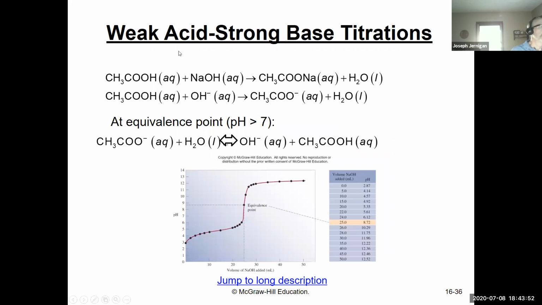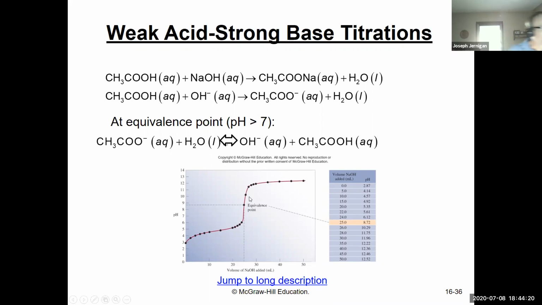Similarly, you can titrate a weak acid. A weak acid starts out with a much higher pH than a strong acid for obvious reasons, but the fundamental of the titration is exactly the same. If you're titrating a weak acid with a strong hydroxide base, you will still reach an S curve, an inflection point, which is referred to as the equivalence point.